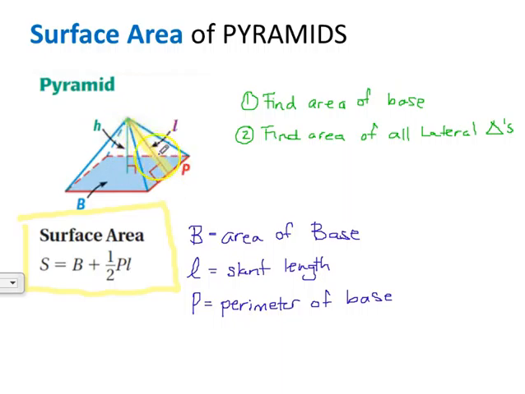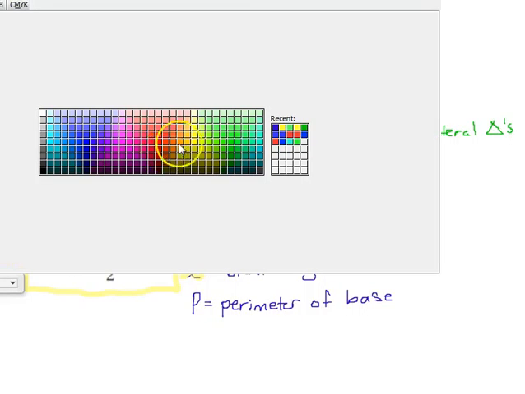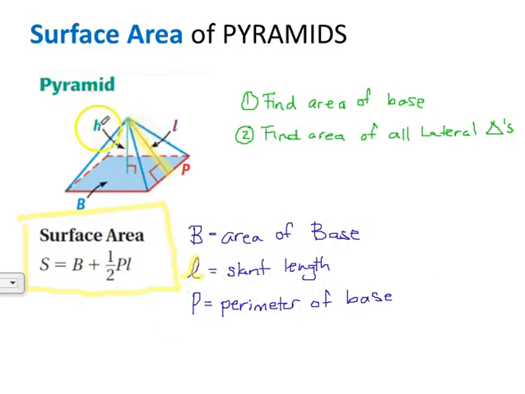It goes from the vertex along the outside of the lateral face down to the base. That's our slant length. Versus the height, which is starting at the vertex going straight down and forming a right angle with the base. We don't use the height length in this formula though.